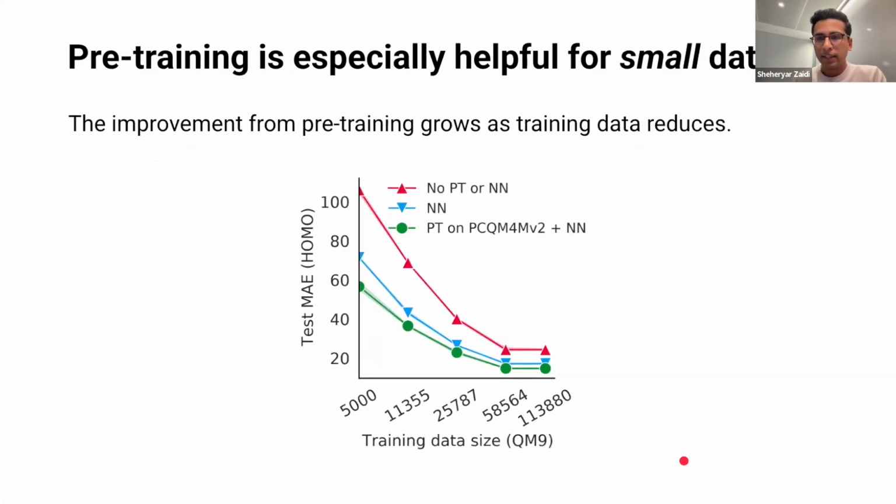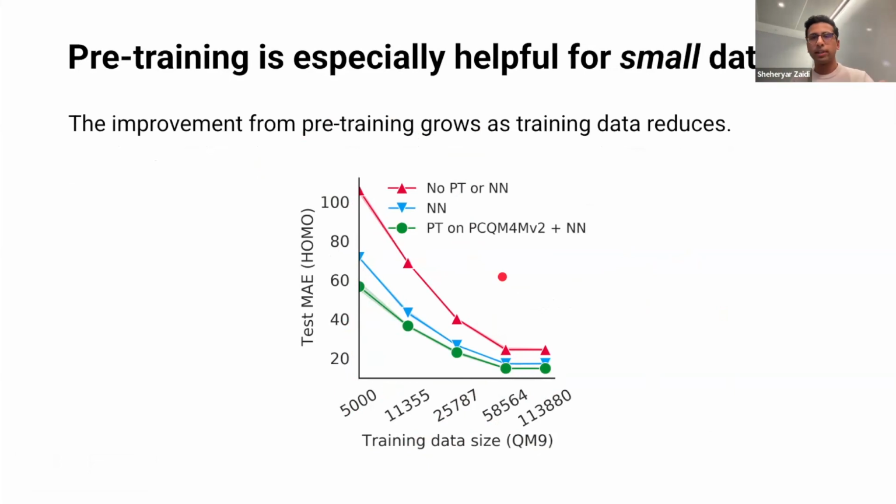Okay, and then lastly, a few data scaling laws kind of curves. We suspected that pre-training might be good for small data, which is what you see again on QM9. We saw that if you take, for example, only 5,000 examples from QM9, then the pre-trained model has almost half the loss of a model trained from scratch, and no denoising.